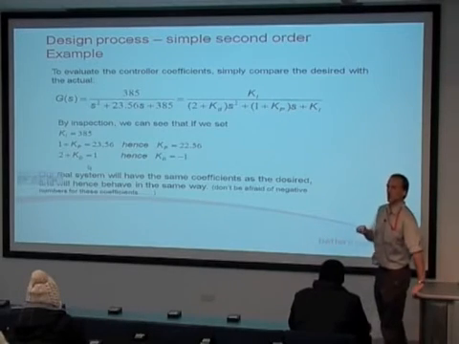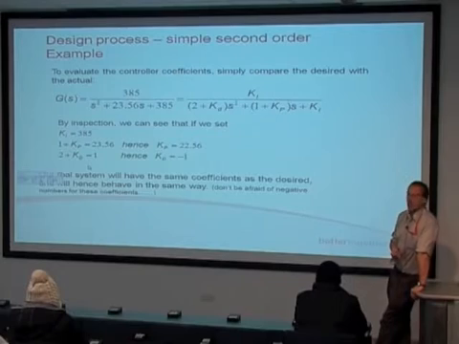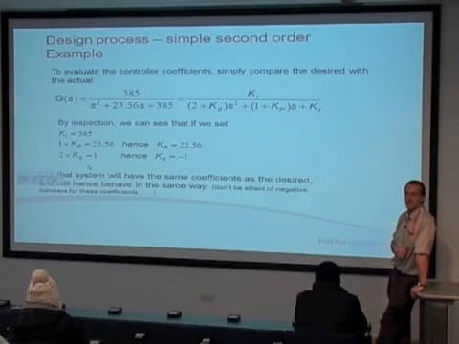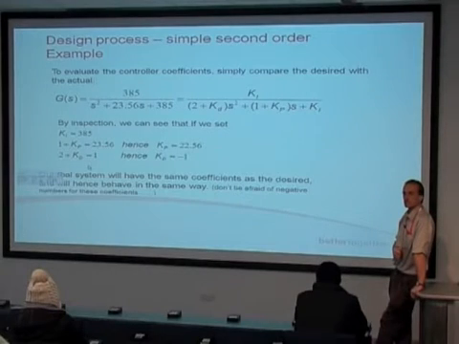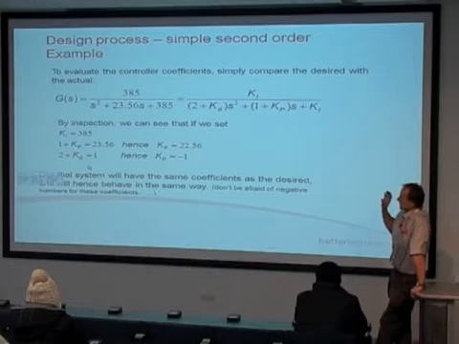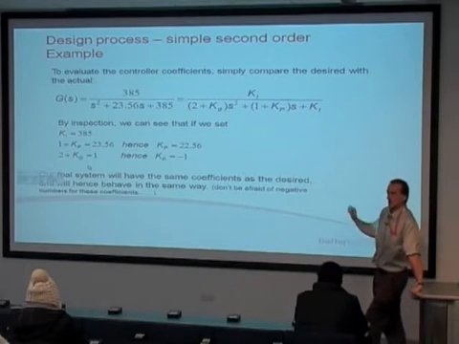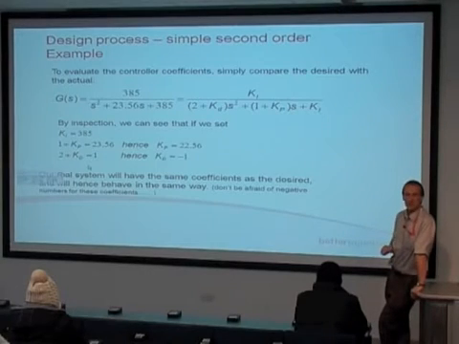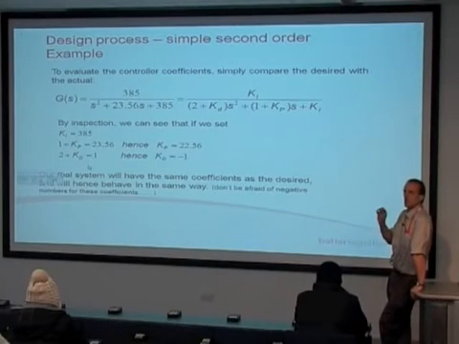If I choose those values for the k's and pop them in, those two transfer functions become exactly equal. In other words, if I go to my control box and set the values on the k knobs to these numbers that I've chosen, my system will behave the way that I want it to.